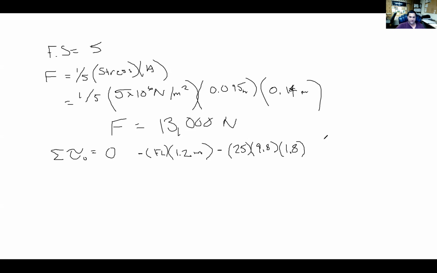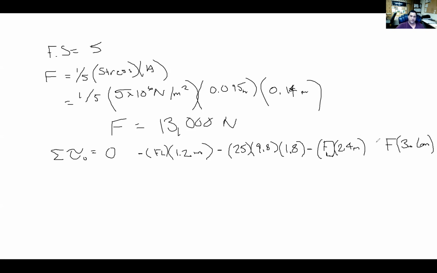Then I also have a second FL, not a third, a second one. And this is 2.4 meters. That one is also negative. And then my last one is the reaction force at the far end of the beam. That's 3.6 meters away.